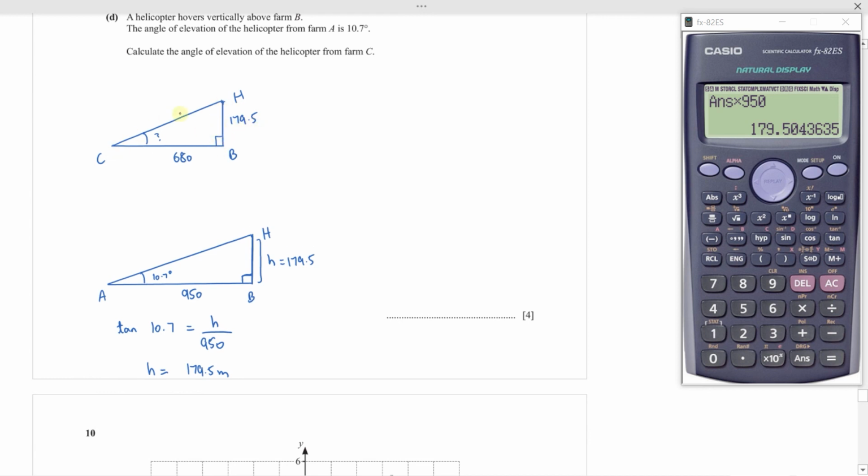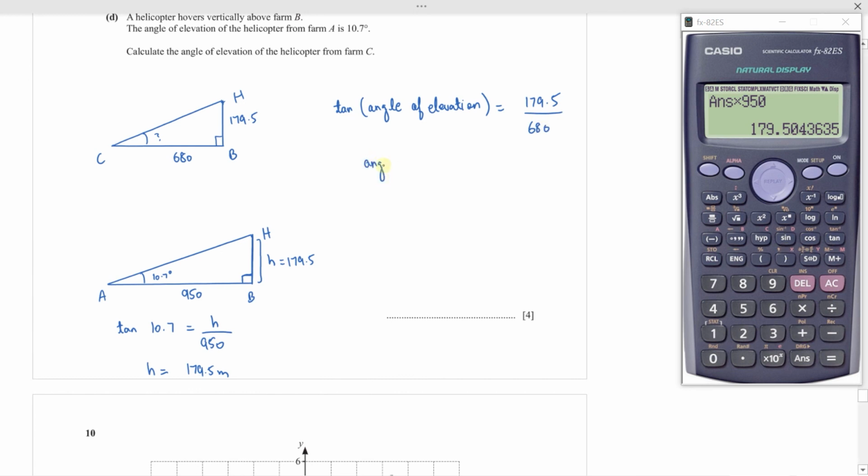Now using this triangle, I can find this angle of elevation. Again, I will take tan of this angle of elevation. So tan of the angle of elevation will again equal perpendicular over base. So 179.5 divided by 680.